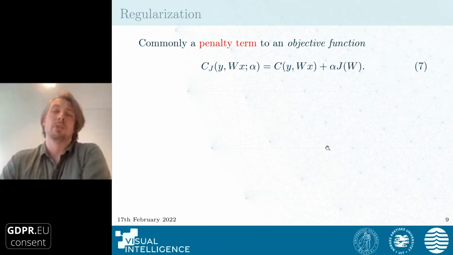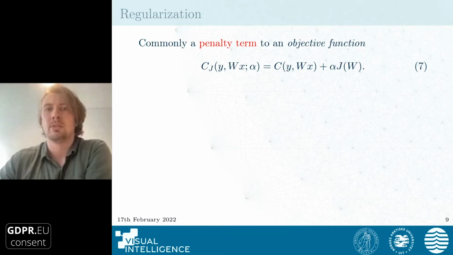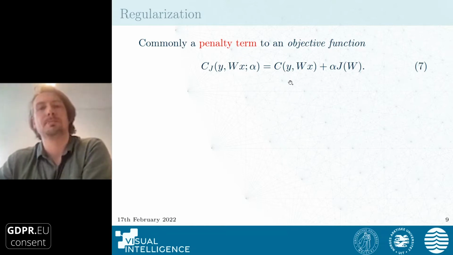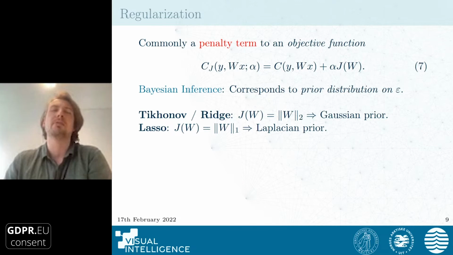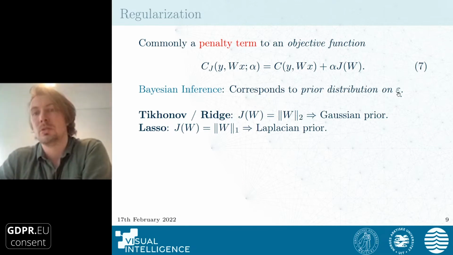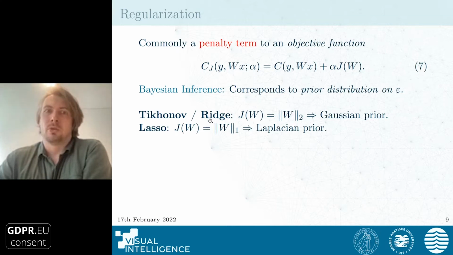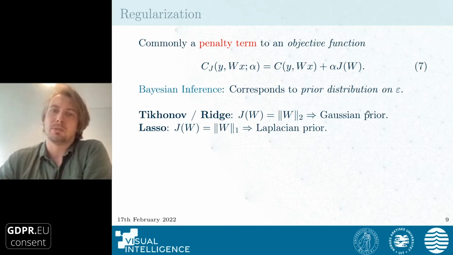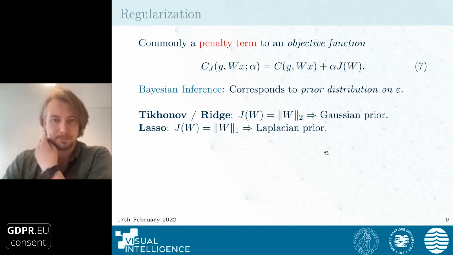So the way that we solve this is using what we call regularization, which is commonly some penalty term added to an objective function. From the Bayesian inference point of view, this corresponds to some sort of prior distribution on our noise variable epsilon. For Tikhonov or Ridge L2 regularization, this corresponds to a Gaussian prior, and for Lasso, it corresponds to a Laplacian prior.